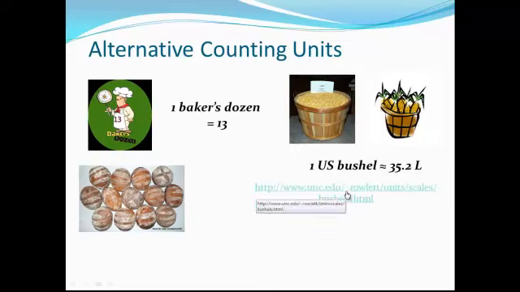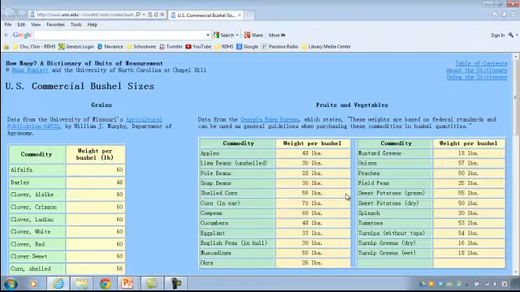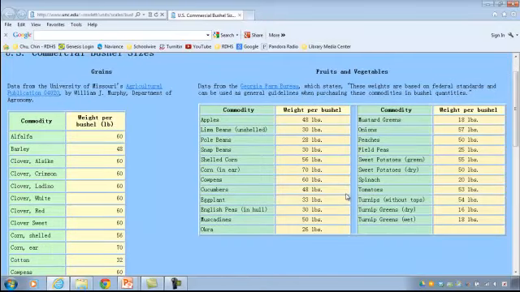But how is that translated into actual pounds or kilograms of the particular commodity you are selling or people are buying? Here's a website that lists grains. Barley is about 48 pounds per bushel, and corn, if you have complete corn, is about 70 pounds.